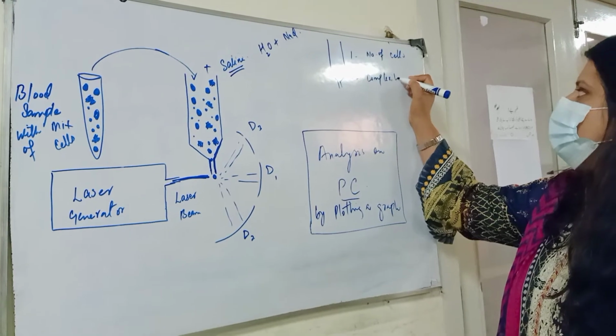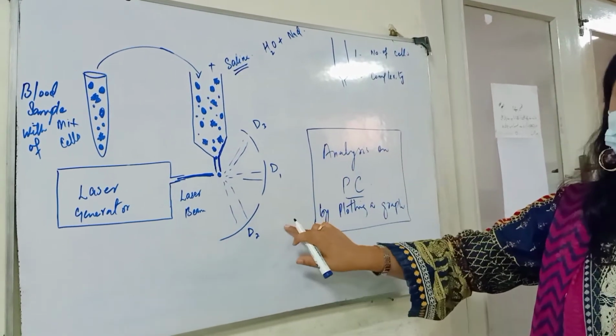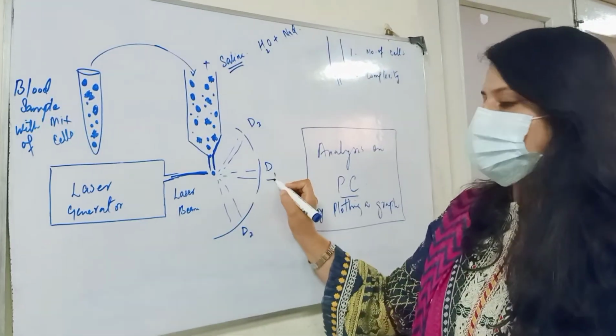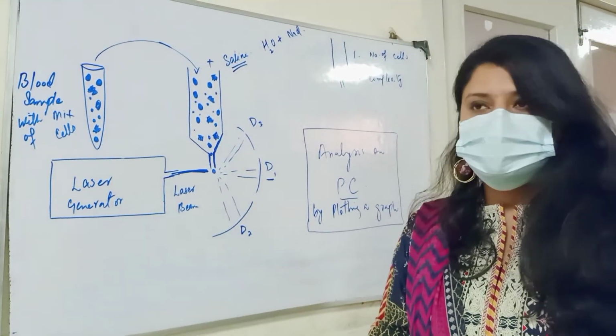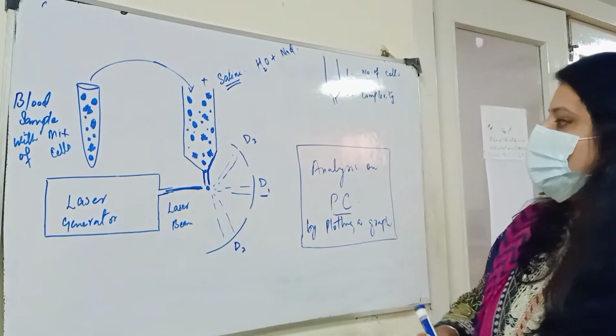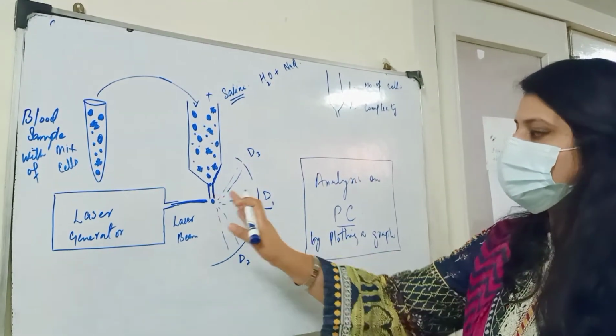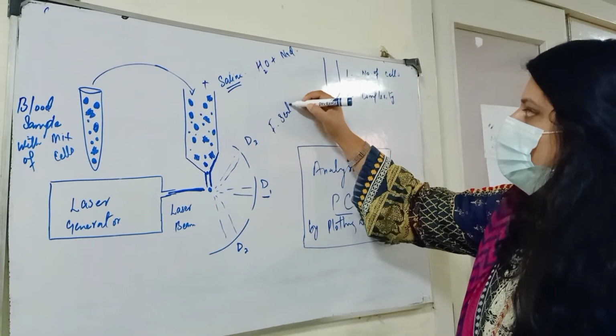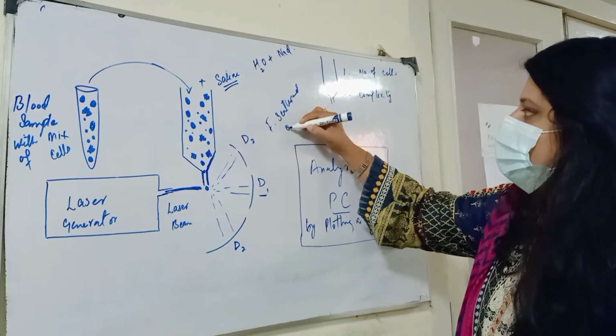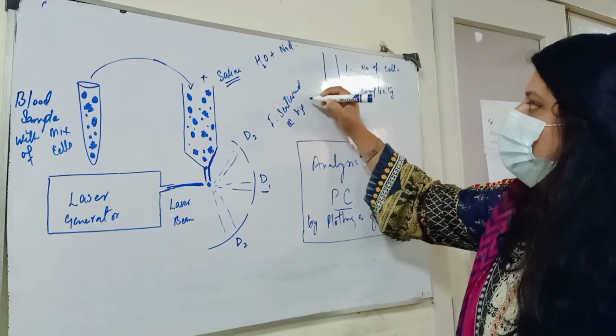Here we have to observe the detectors. There are 3 detectors. Number 1 is at the front, and 2 and 3 are at the sides of the direction of the laser beam. When the laser beam is scattered in the forward direction, we call it forward scatter, and the forward scatter is directly proportional to the size of the cell.